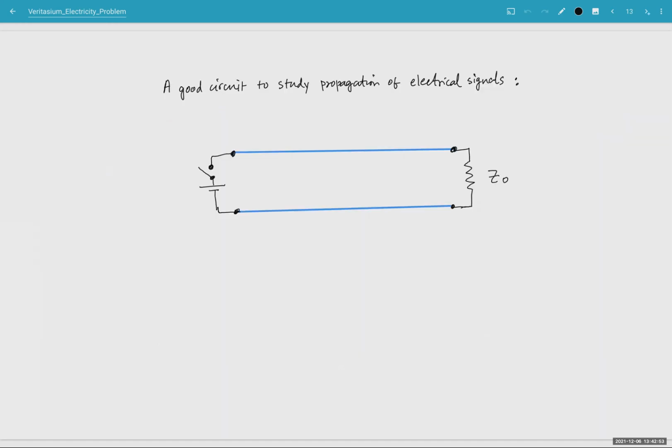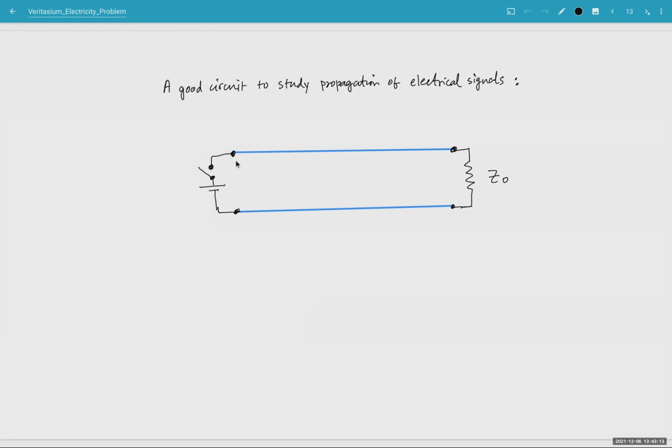Now, coming finally back to the original intention of the video, I think, if I understand right, was to show how electrical signals propagate. And I think this will be a good circuit to do that.